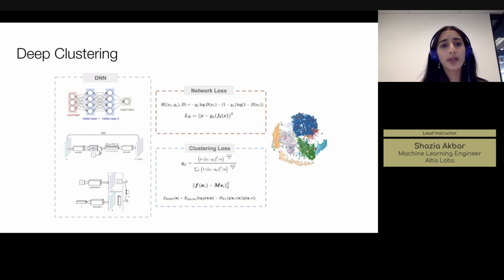When we move to deep clustering techniques, we have three ingredients within our model itself. We have a deep neural network, which will learn the complexity of the data, what the data looks like, and the abstract features within our data. We'll have a network loss, which determines how well the data is represented within the deep neural network.